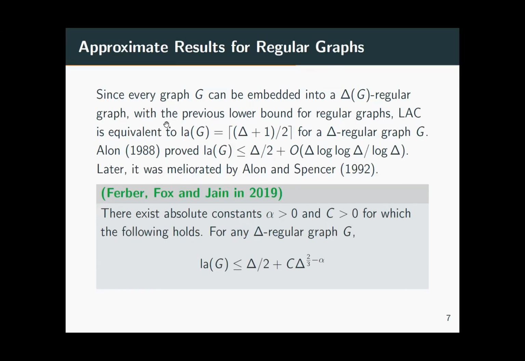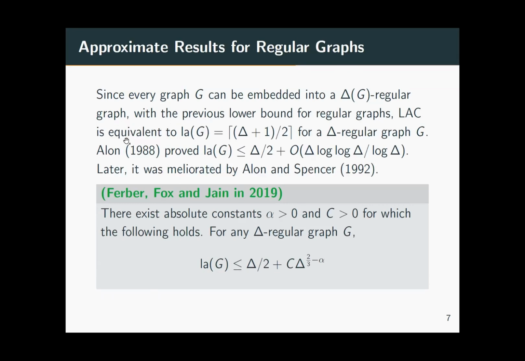So with the previous lower bound for regular graphs, the linear arboricity conjecture is equivalent to proving that the linear arboricity of a delta regular graph is equal to ceiling of (delta plus 1) over 2.